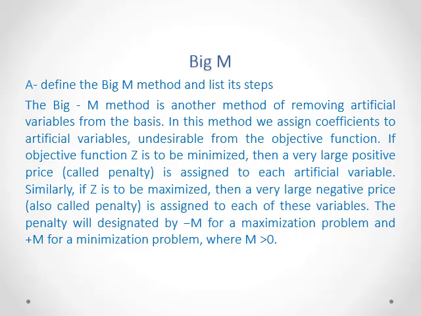On the contrary, if the objective function is to be maximized, the large negative big M is assigned to each of these variables, which we know as big M.